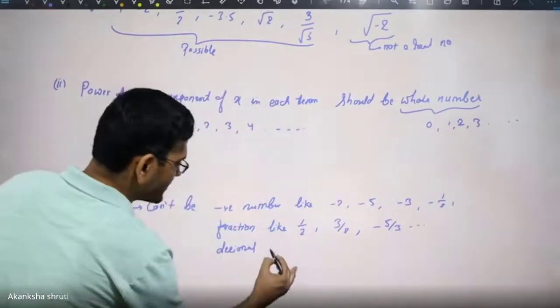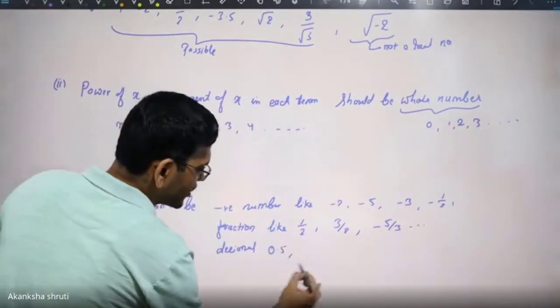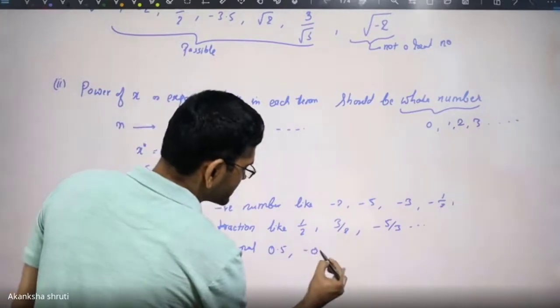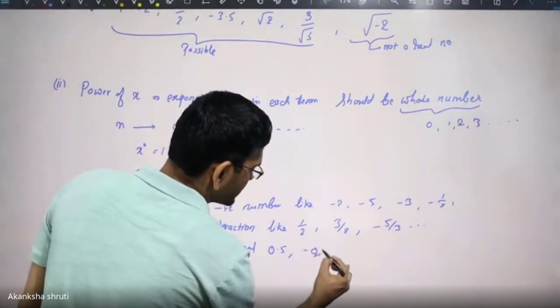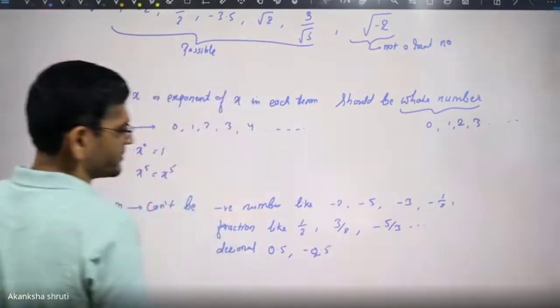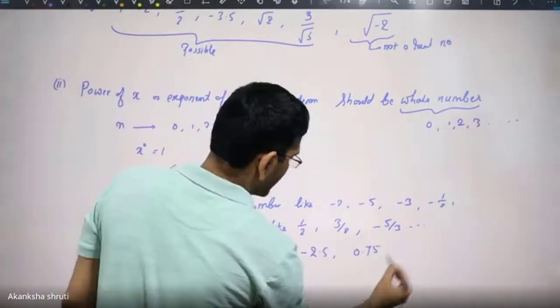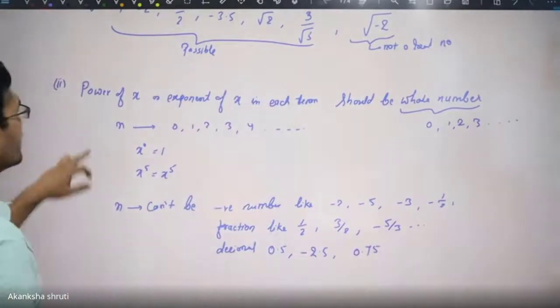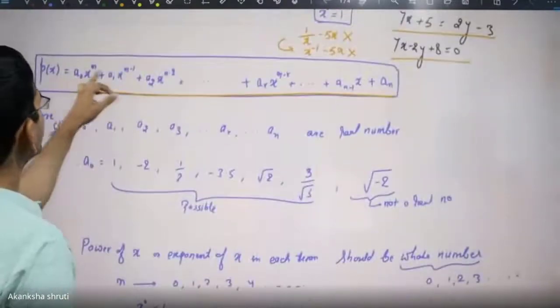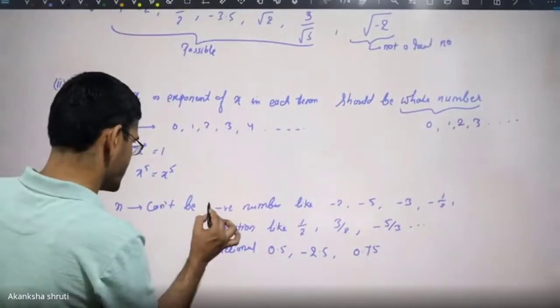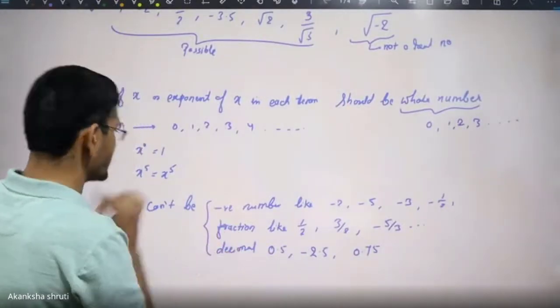It cannot be a decimal. 0.5 is not possible. -2.5 is not possible. So any kind of decimal is not possible. Whatever the power or degree of this x, it cannot be any of these.